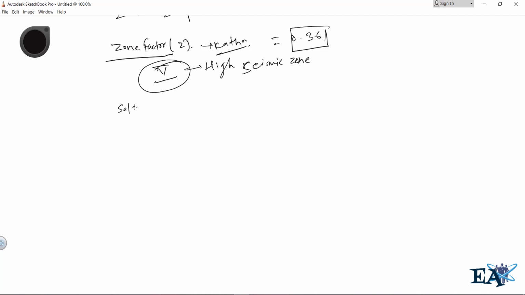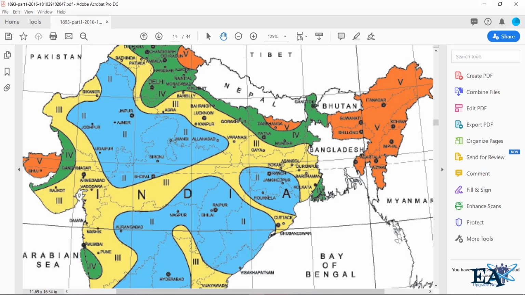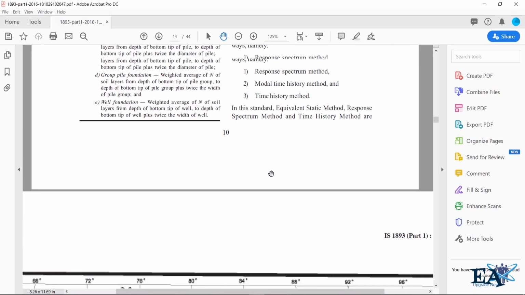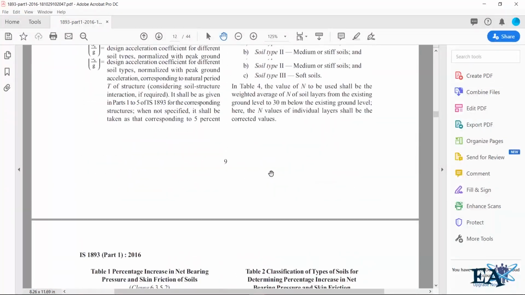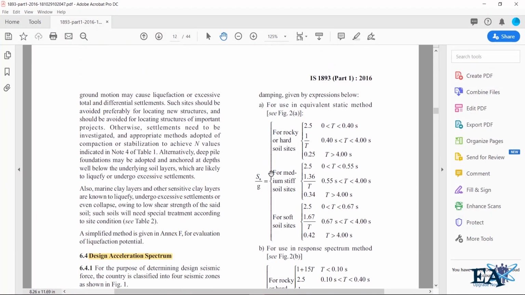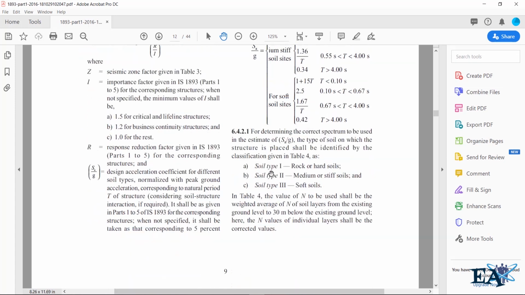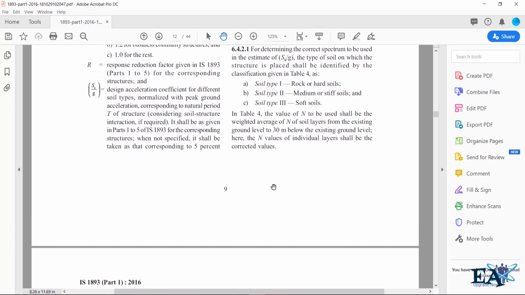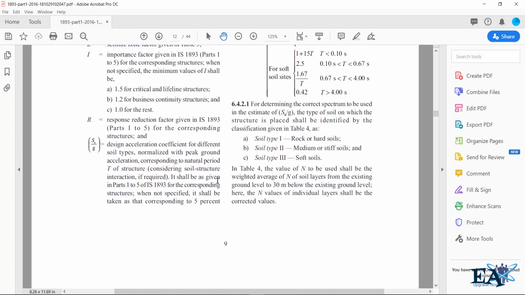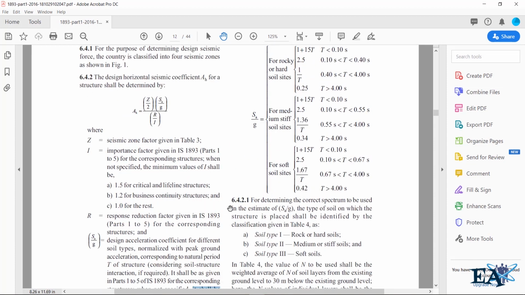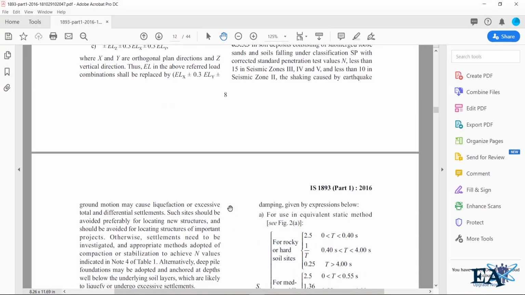Sa by g. The code tells us how we calculate Sa by g. It says design acceleration coefficient shall be taken as that corresponding to 5% damping.